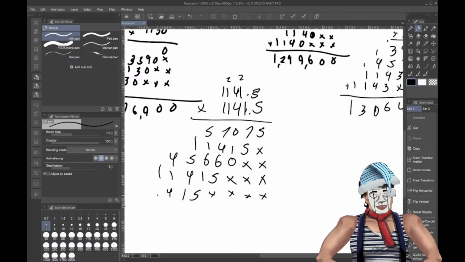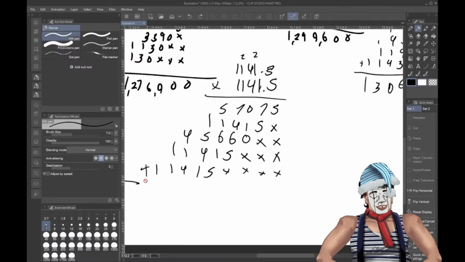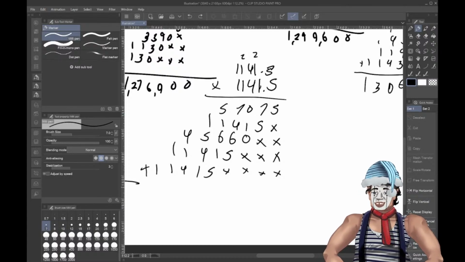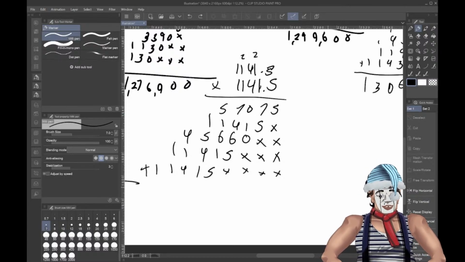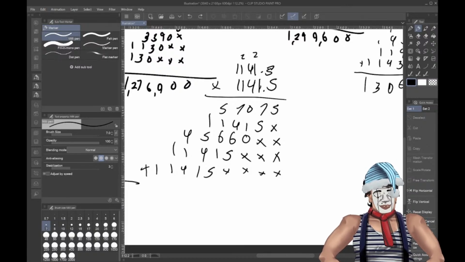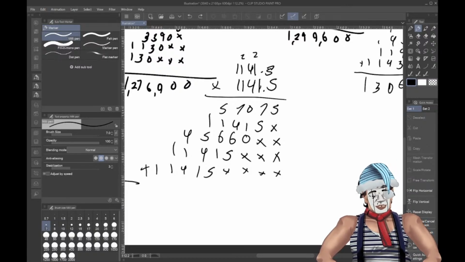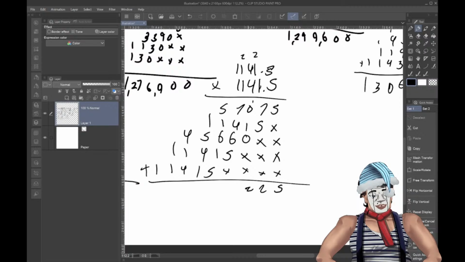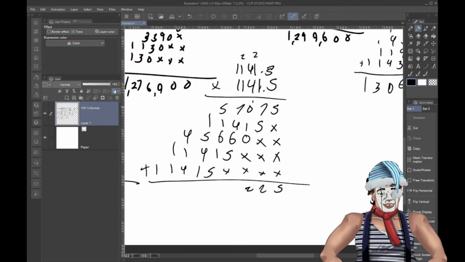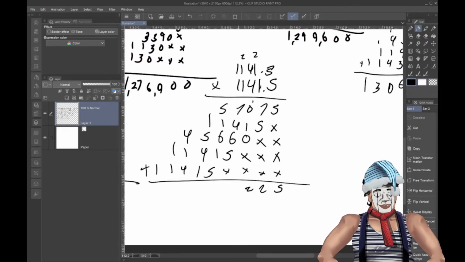Add everything together. Don't move the ruler. Oh no, I changed layers. Math can only be done on the math layer. That's 5. That's 12. That's 2. Let's see here. That's 10. Plus 5. 15 plus 7 is 22.